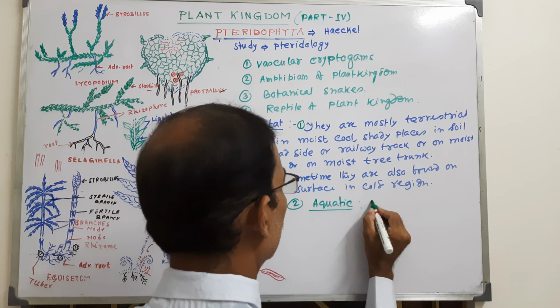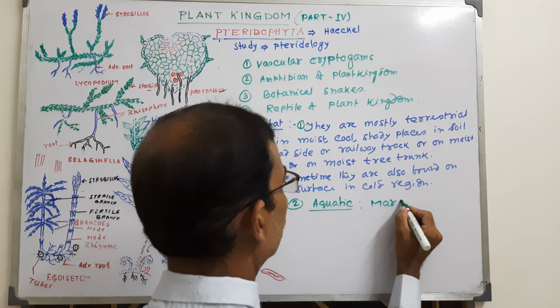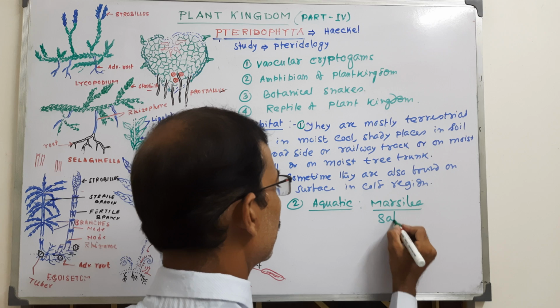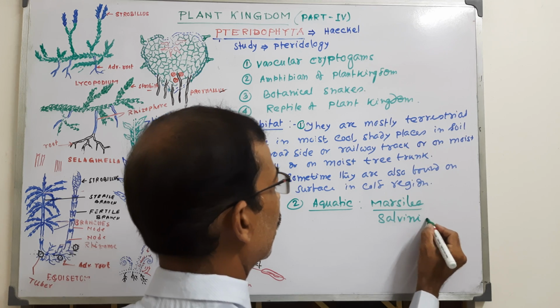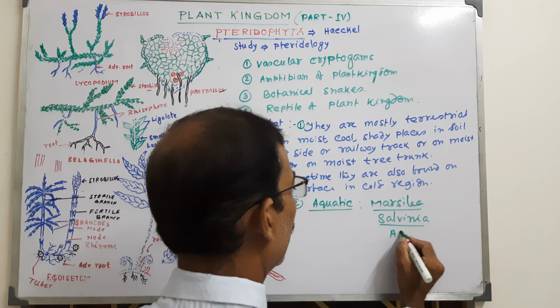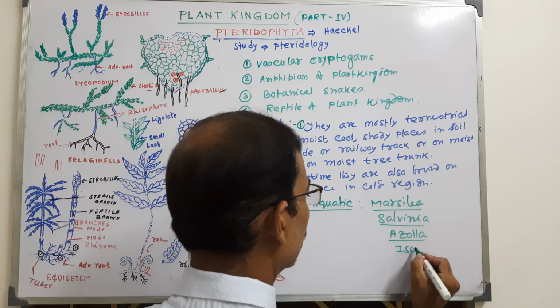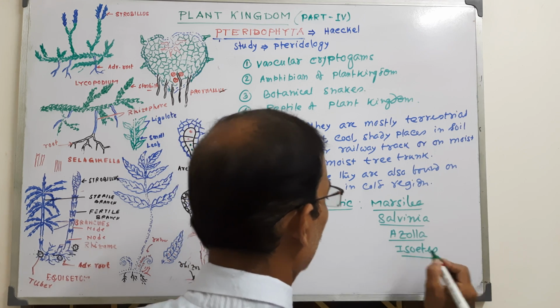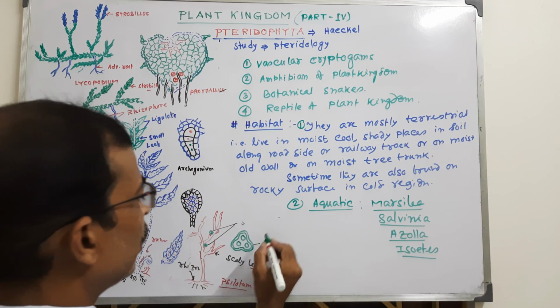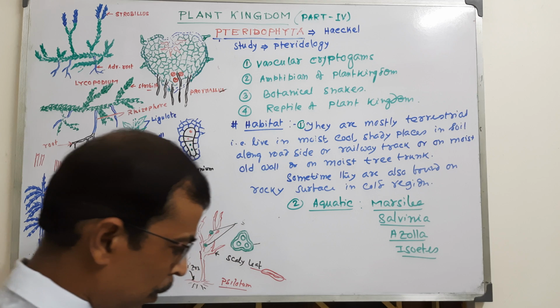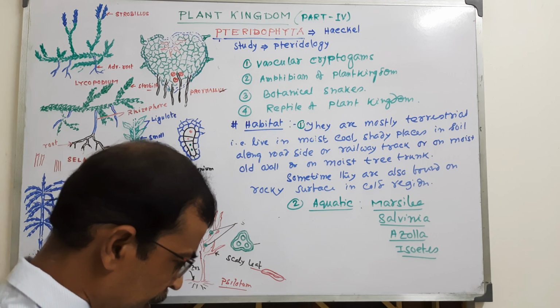Like Marsilea, Salvinia, Azolla, Isoetes. Number 3, they may be epiphytic in nature.